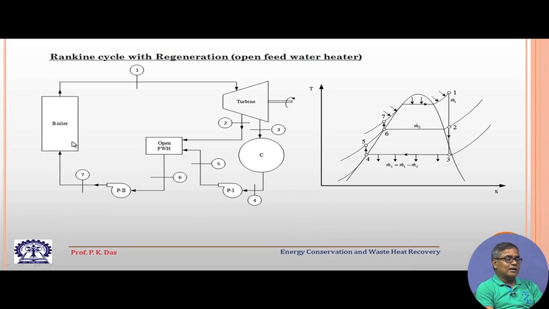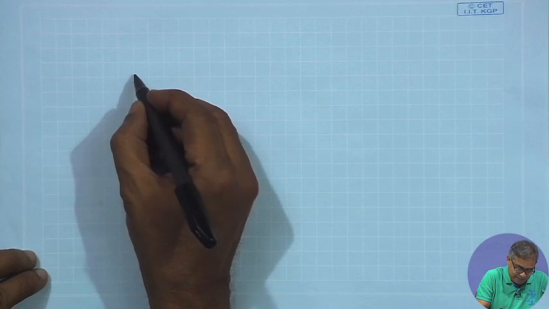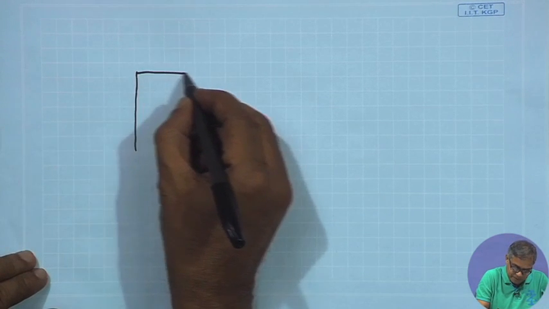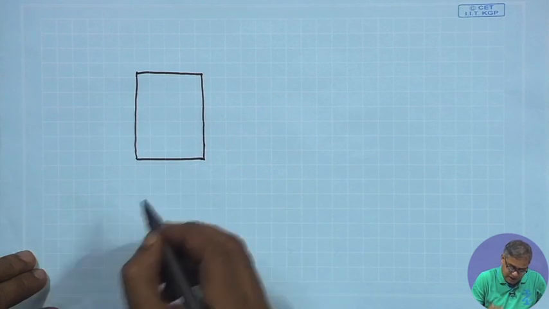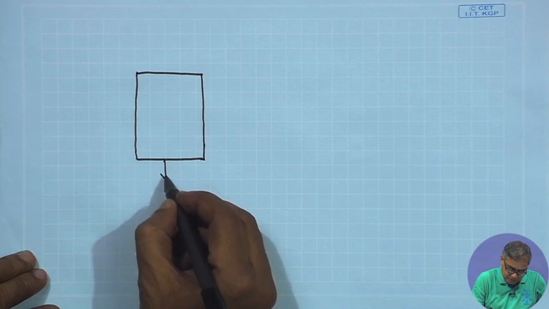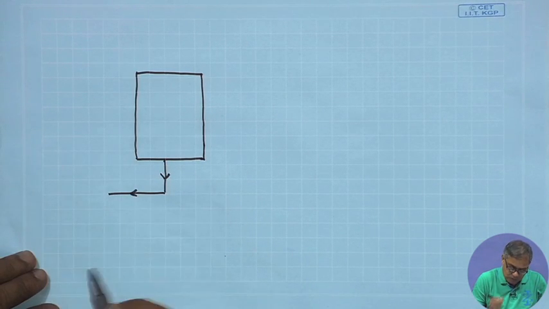So, this is our cycle diagram, the physical arrangement of a Rankine cycle with regeneration, where we have used one open feed water heater. The open feed water heater is like this. We can see this diagram schematically, a very simple schematic diagram I am showing. The internals are much more complex.